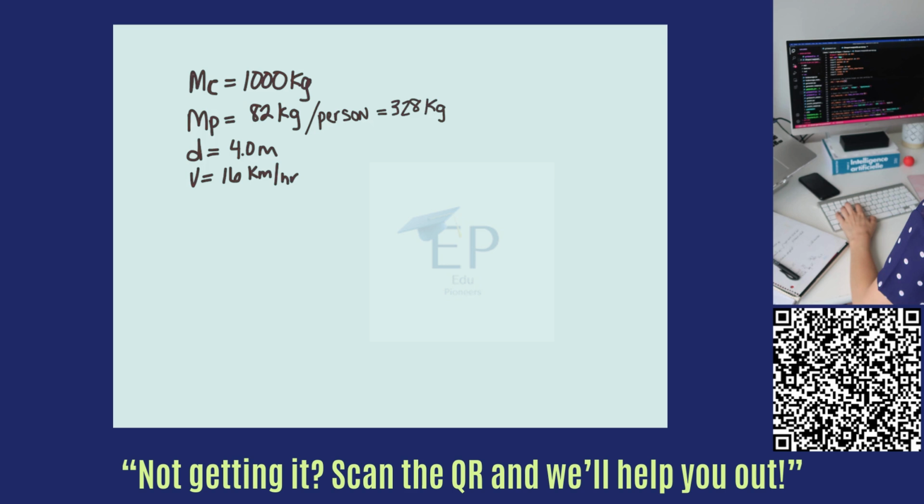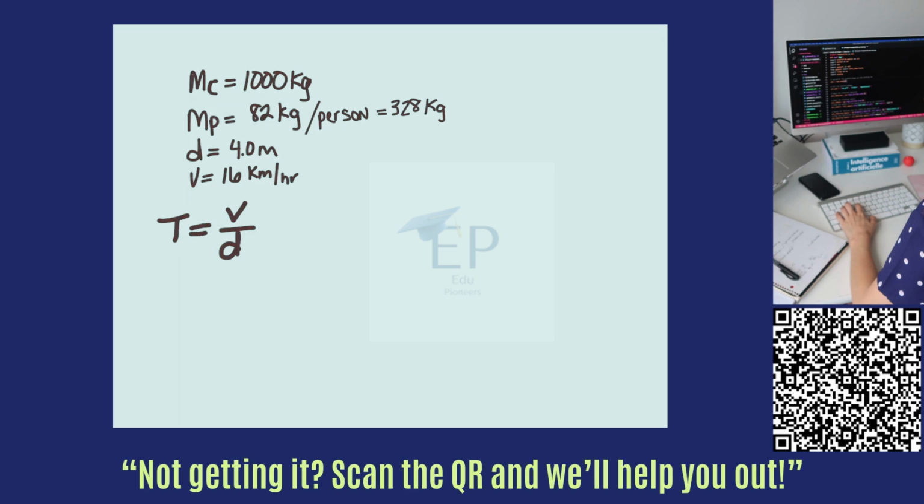16 kilometers per hour. Now we know the distance between the two maximums is the distance traveled during one period, and since the speed during this period is our velocity, then we can actually use the equation T equals our distance between divided by our velocity.